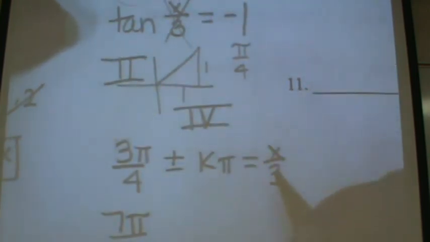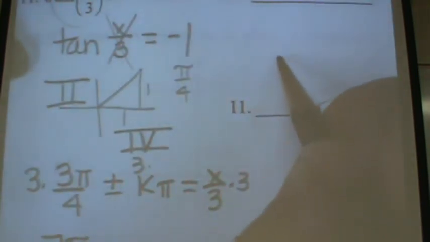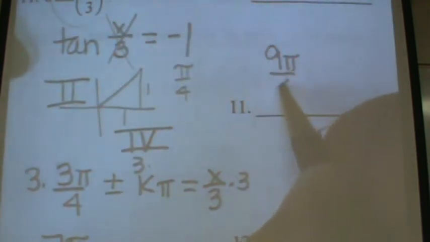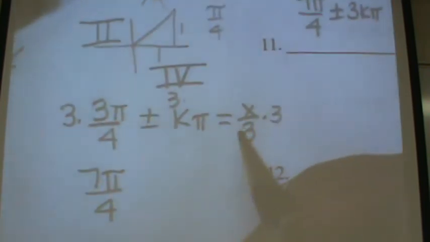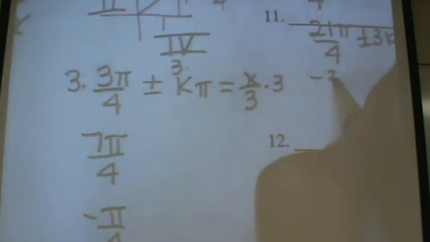Now, you're going to set this equal to x over 3, so multiply this by 3, multiply this by 3, multiply this by 3. So one of your possible answers is 9 pi over 4 plus or minus 3k pi. Another answer would be 21 pi over 4. Another answer would be negative 3 pi over 4.